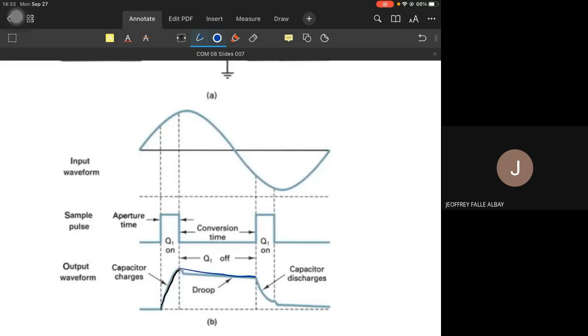And during the next pulse, where the transistor is on again, the capacitor will discharge.